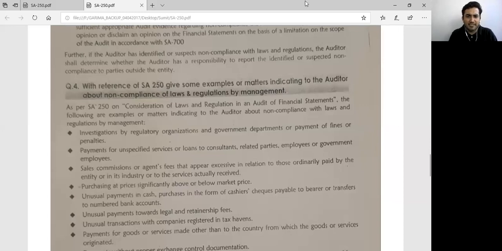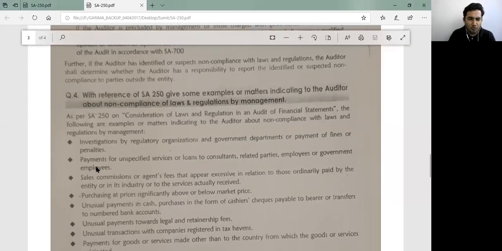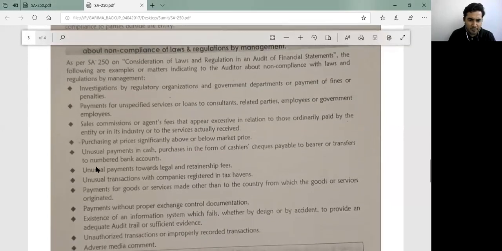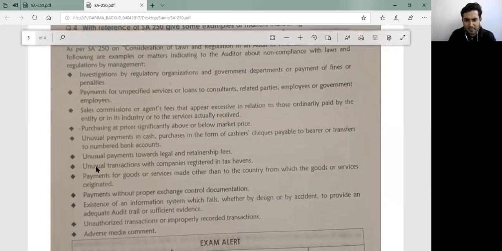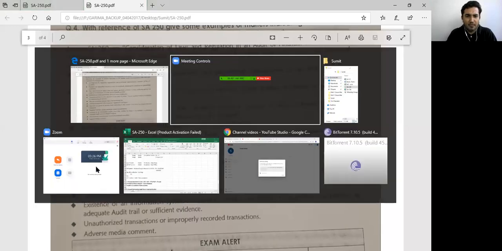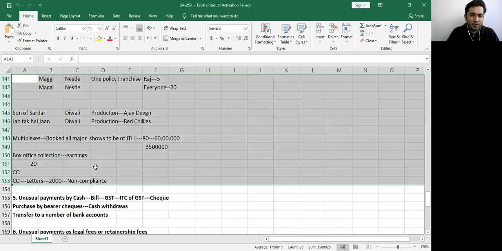Yes, I can see one more which says, please give an example of whether by design or by accident in 10th point of question number 4. Okay, let's go to question number 4. Okay, it says existence of an information system that fails, whether by design or by accident, to provide an adequate audit trail. Okay, let's take an example over here.